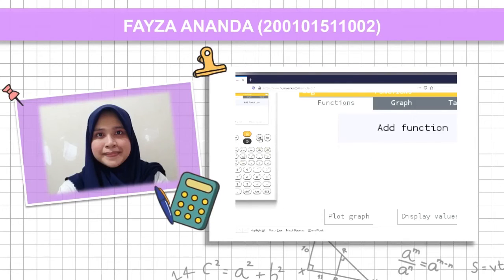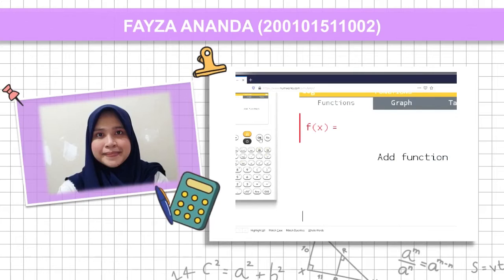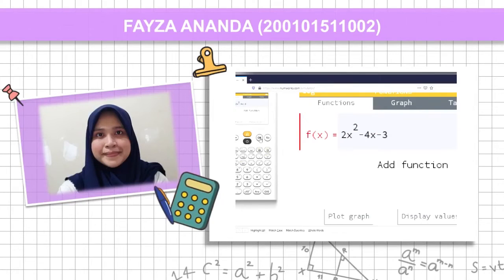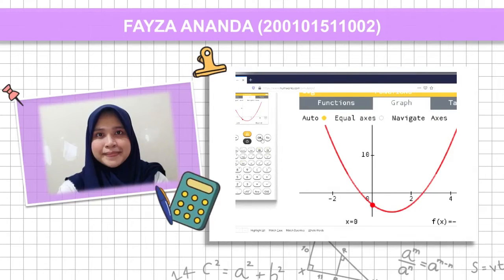First, we select the function menu, then add function and write down the equation we want, f(x) equals 2x squared minus 4x minus 3, and select plot graph. This is what the graph of f(x) equals 2x squared minus 4x minus 3 looks like.